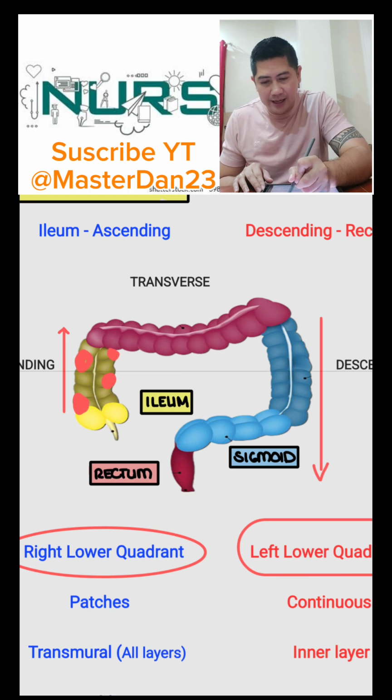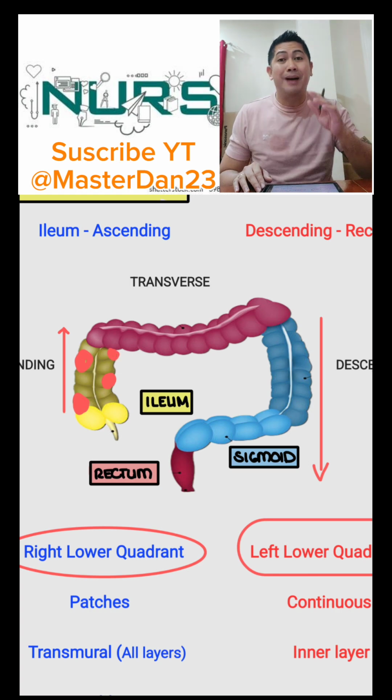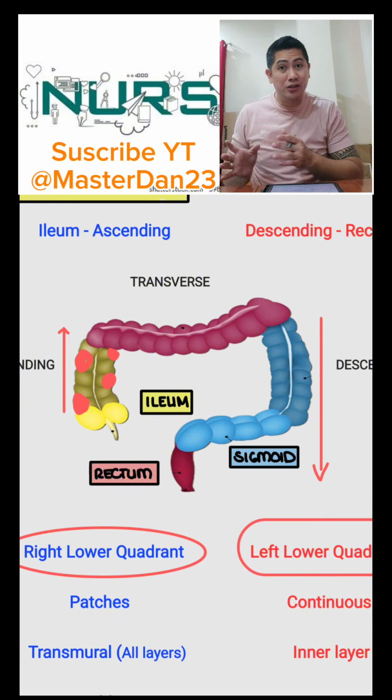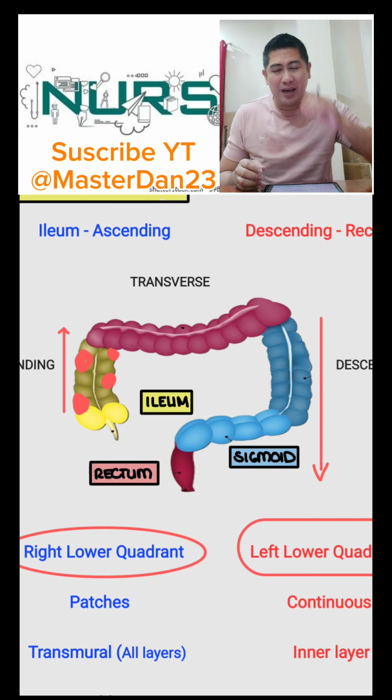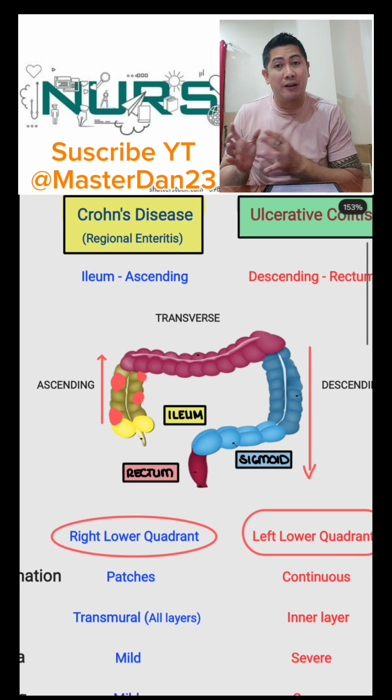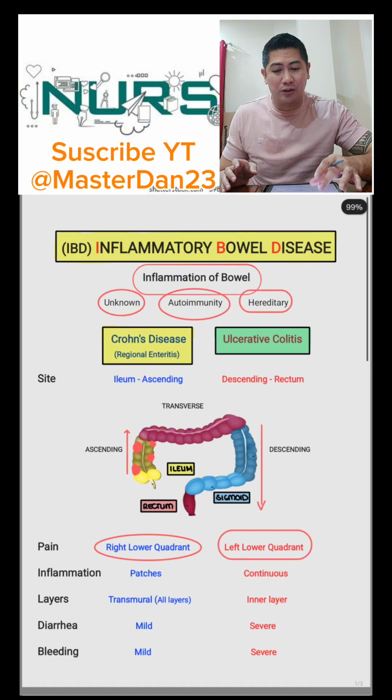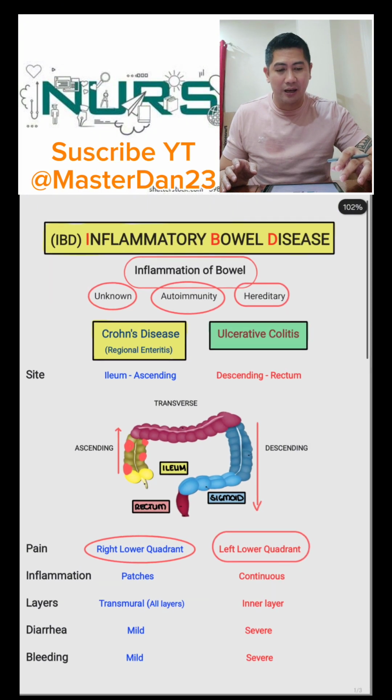So you can see the inflammation is in patches. It's not continuous. So when the doctor assesses this using colonoscopy, the doctor will see patches of inflammation and can diagnose that this is Crohn's disease.